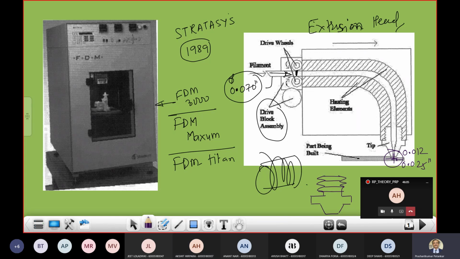Now, regarding the part size, the part will fit into the bounding box. If it is unable to fit into that bounding box, it will have to be scaled down so that you can fit it there.